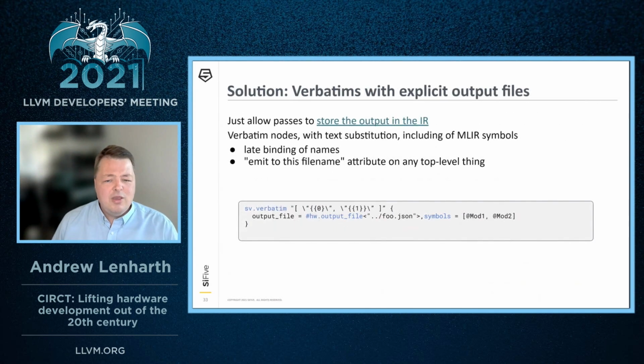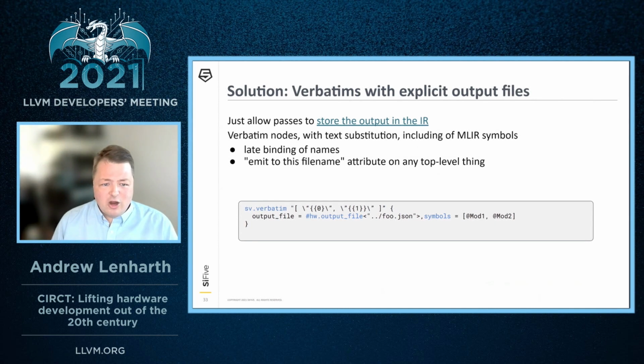So how do we do it from the compiler? And how do we do it in the presence of optimizations? What we do here is we allow passes to simply embed the text that they want to generate verbatim with a verbatim op. And verbatims have text substitution.